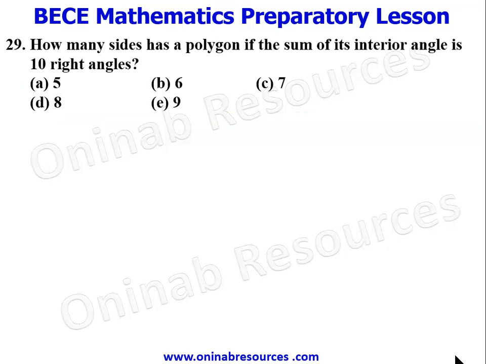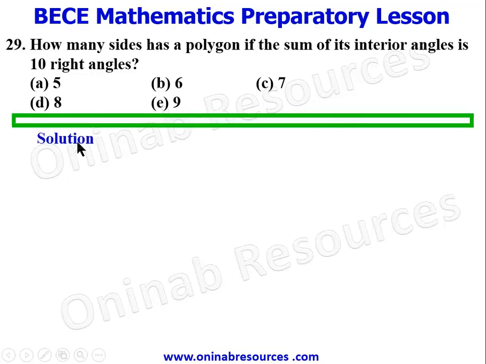So we go to problem 29. Problem 29. How many sides has a polygon if the sum of its interior angles is 10 right angles? In this case, since the sum of the interior angles is 10 right angles, and a right angle is 90 degrees, that is 90 times 10, 900.